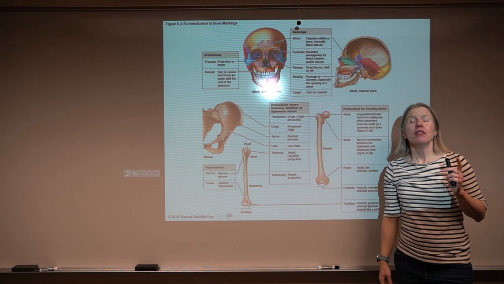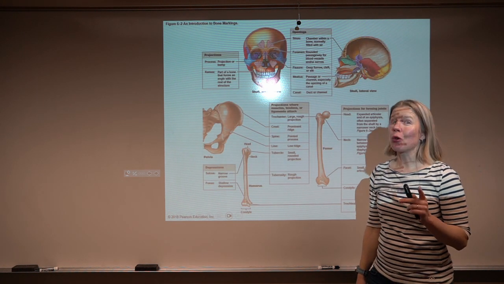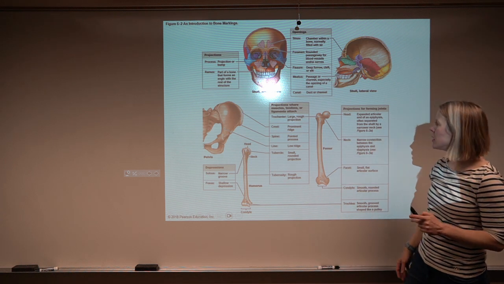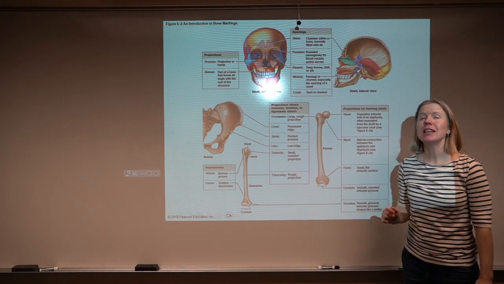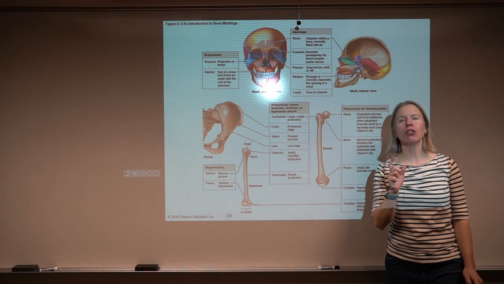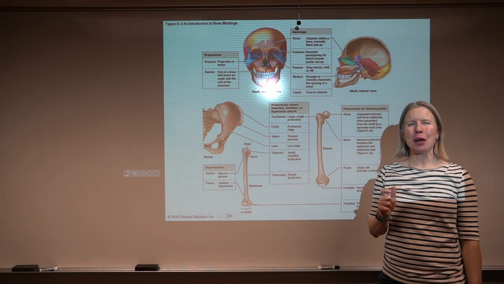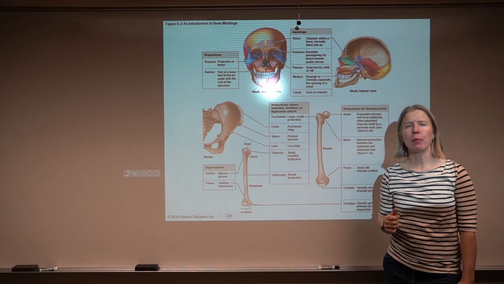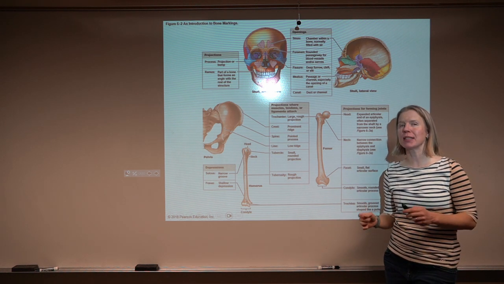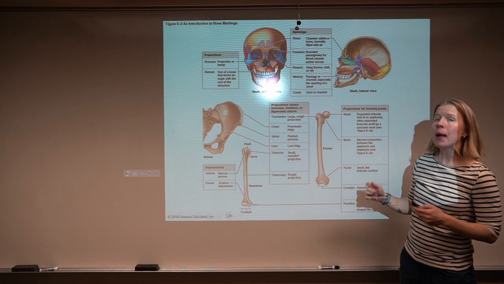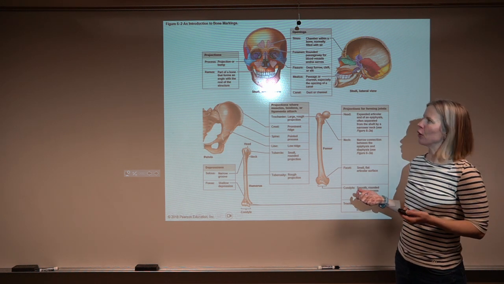Okay. Figure 6.2 is your friend. All of the terminology in this table is going to be extremely helpful in understanding what you're trying to learn in lab, right? You are memorizing a vast deal of information about the skeleton in your lab, and there's all this terminology that's a little weird, right?